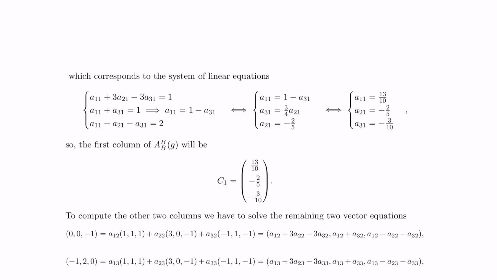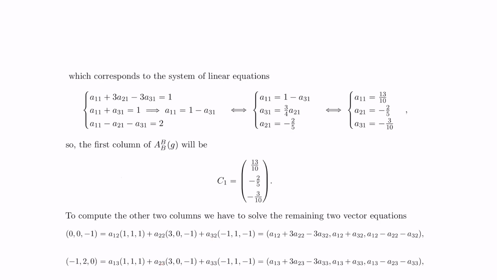If you want to obtain the columns C2 and C3, you have to expand the vector W2 and the vector W3 as a linear combination of the basis vectors with the coefficients that will appear in column 2 and column 3.